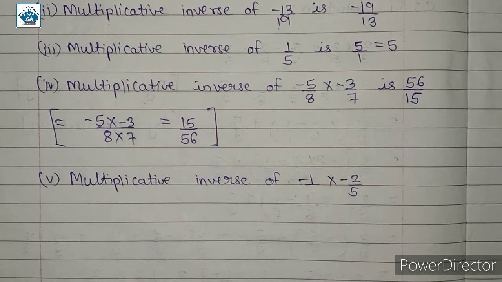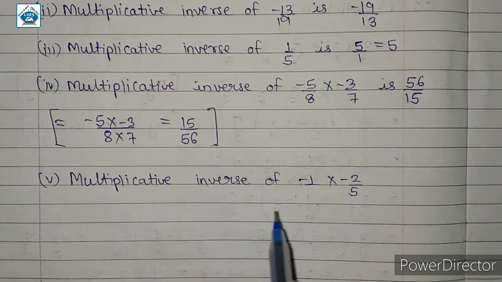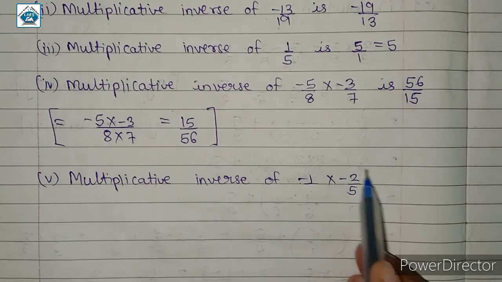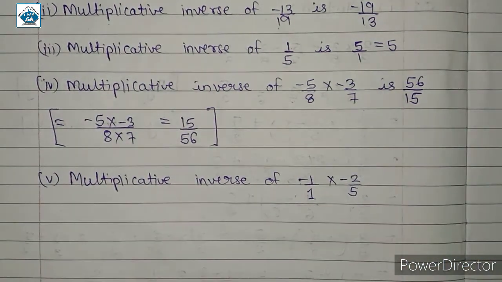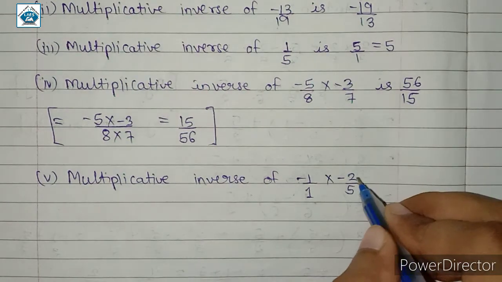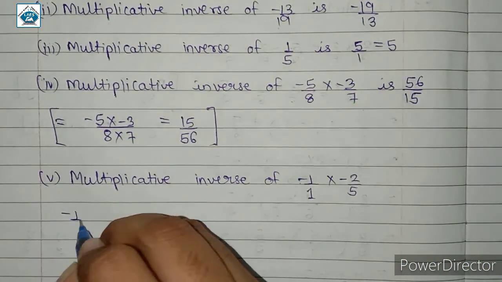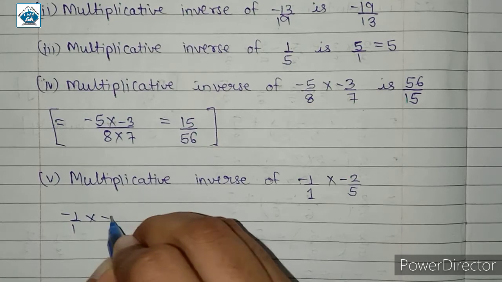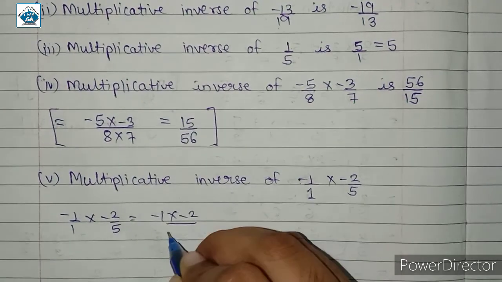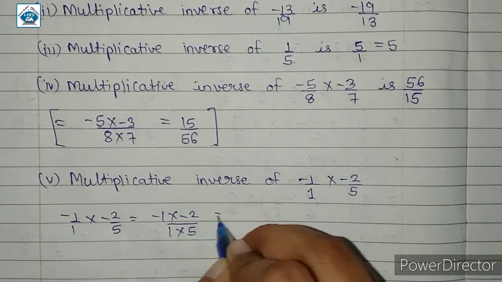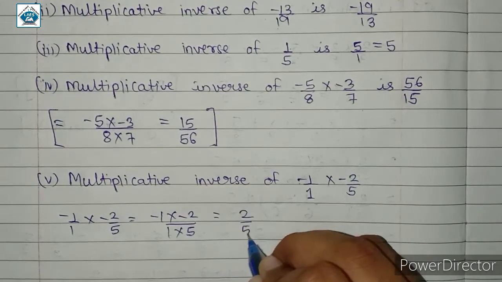In the next part, we are asked the multiplicative inverse of minus 1 multiplied by minus 2 by 5. So this is the same as minus 1 upon 1. So this can be solved. How will we solve minus 1 upon 1 multiplied by minus 2 upon 5? This is equal to minus 1 multiplied by minus 2 and 1 multiplied by 5. So this is equal to 2 by 5.